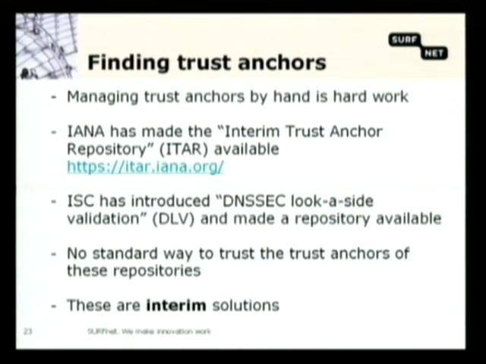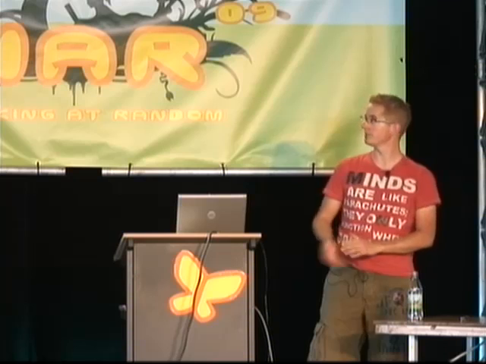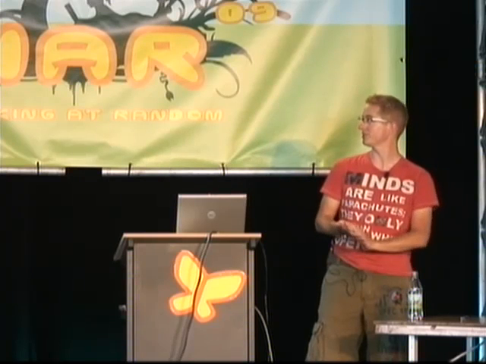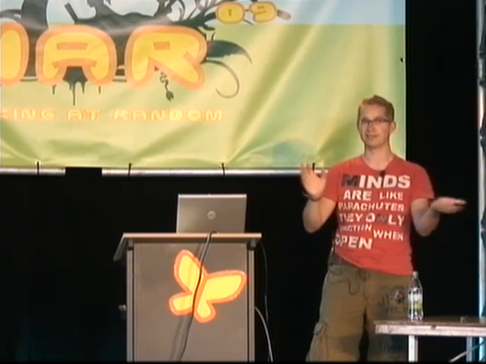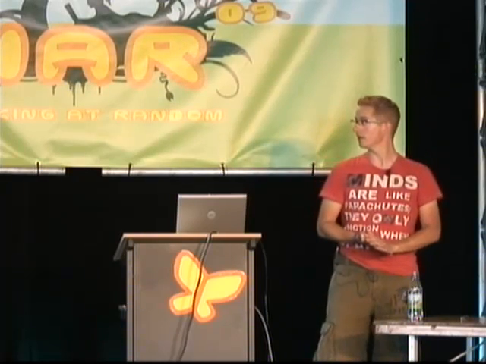Now, the problem with this is that there is no standard way to trust these repositories. For instance, you can see IANA has secured their site using SSL, HTTPS. So if I trust SSL, and if you heard Dan's talk yesterday, that's a bit questionable. But if I trust SSL, I can use that to trust the information that I get from IANA and the ITAR repository.